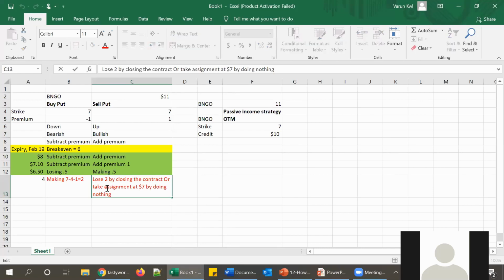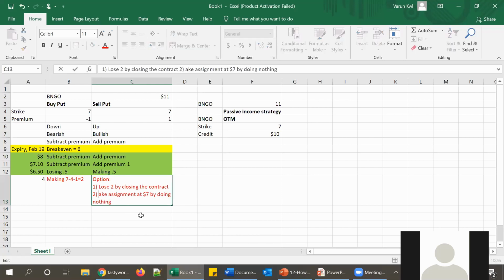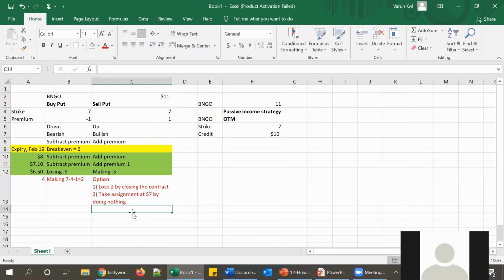But if you don't do anything, Varun, by the date of the contract itself, what is the default action which will take place? If you don't do anything, it will be assigned. It will be okay. So then that's what you're saying, that you need to have enough capital, because even though it's a passive strategy, you still have to keep an eye on those dates so that you can close the contract to make the premium, if you had put those appropriately in terms of being bullish.